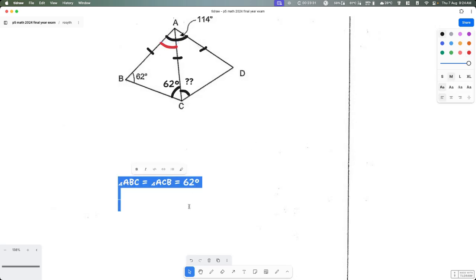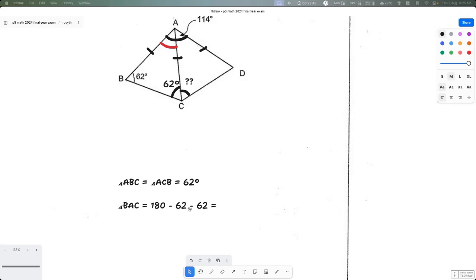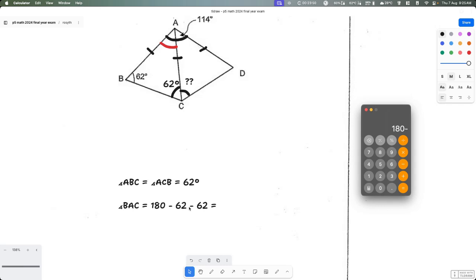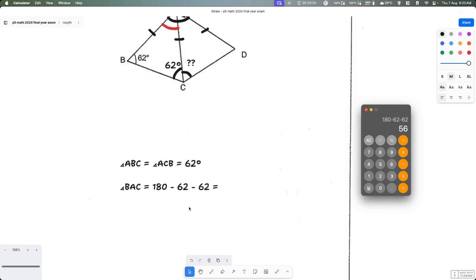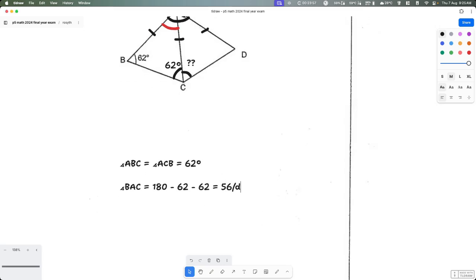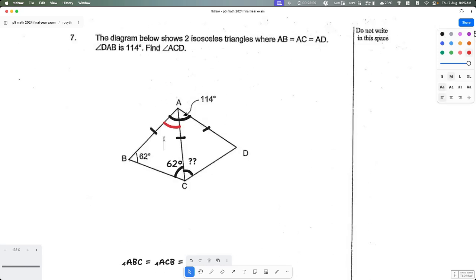So in this case, angle BAC is equal to 180 minus 62 minus 62. What would this give us? This gives us 56 degrees. So we know this is 56.